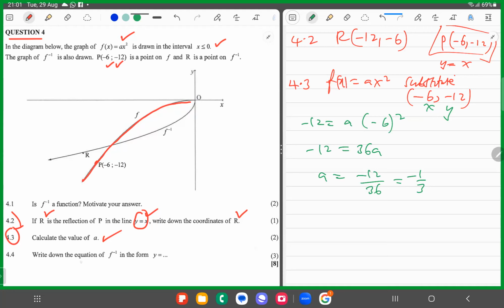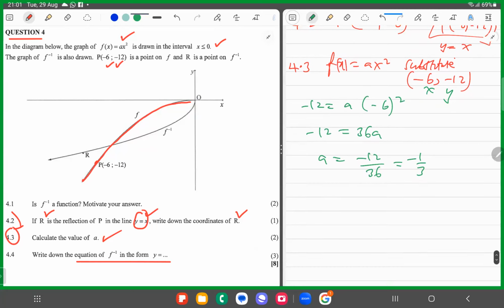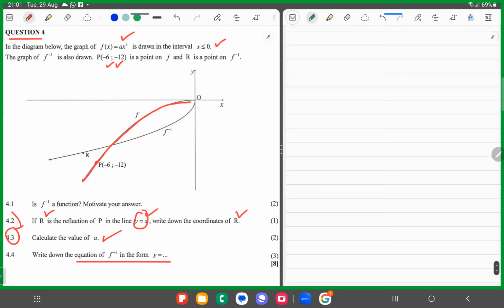Write down the equation of f inverse in the form y equals something. 4.4. So we're going to start by saying the graph of f. This is how you deal with finding inverses all the time in matric.